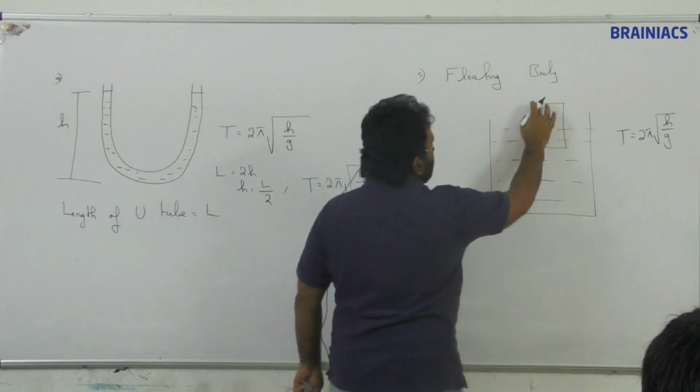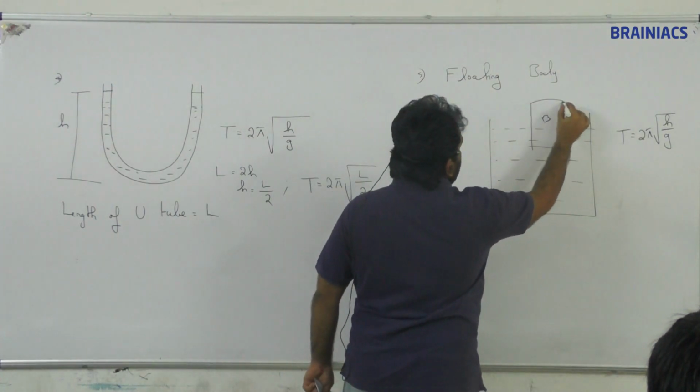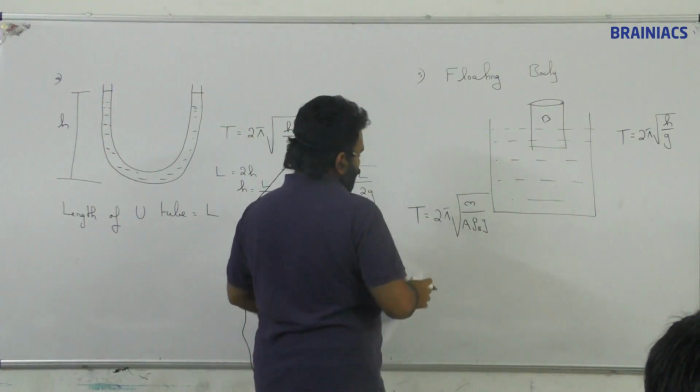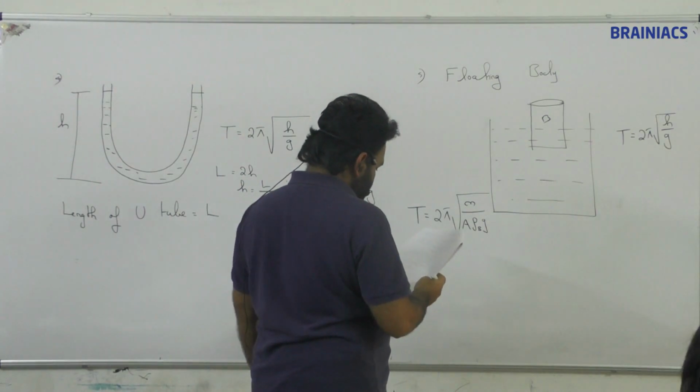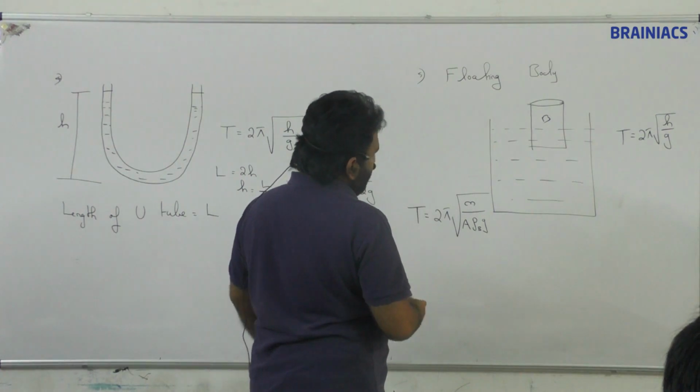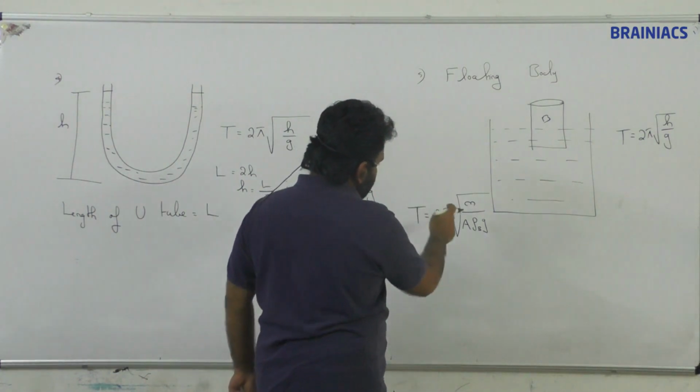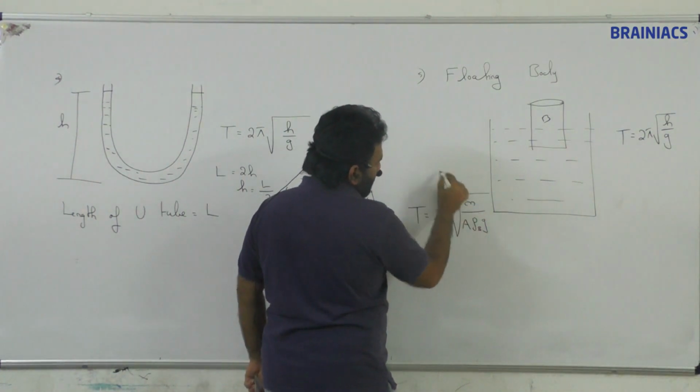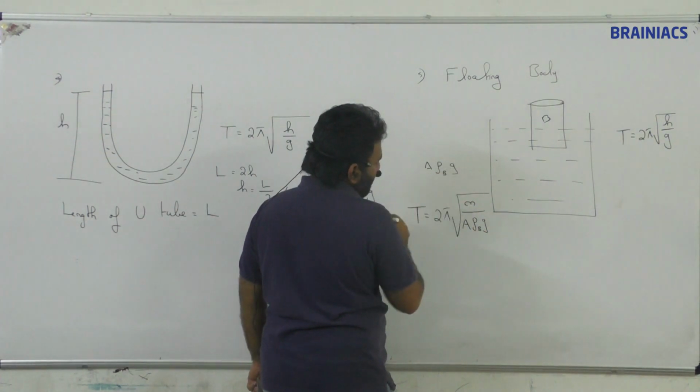So this is area of cross section. But there is a trouble here. This is going to be area of cross section into density of the body into g itself, mass itself.